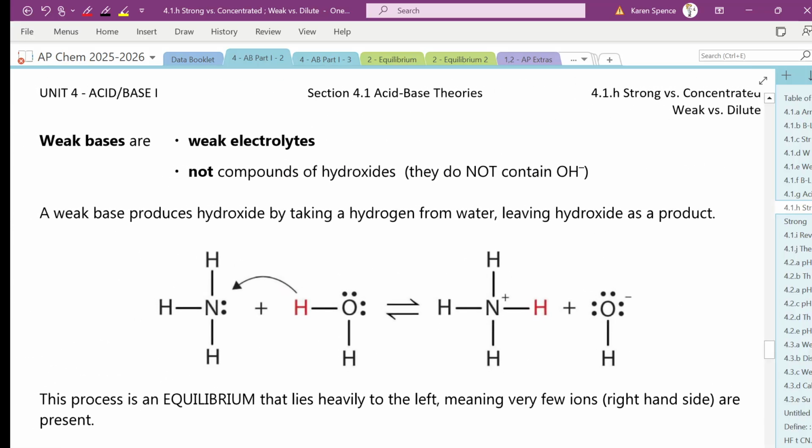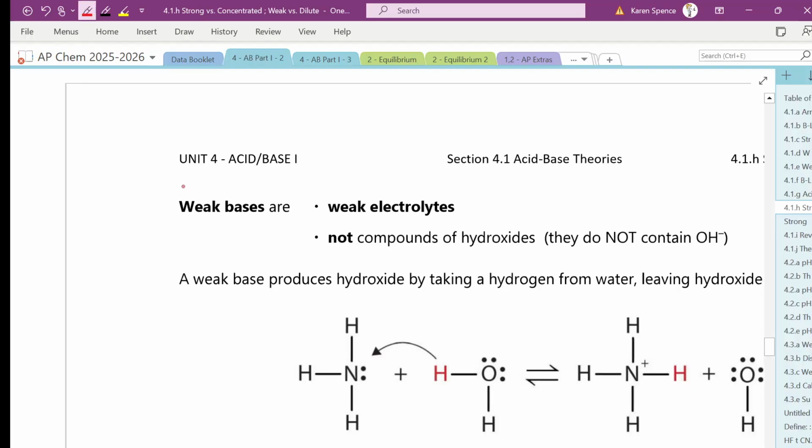Oh, no. Weak bases. Weak bases are weak electrolytes, just like weak acids are weak electrolytes. Why are they weak electrolytes? They don't dissociate very much, so you get only a small number of ions, comparatively speaking.